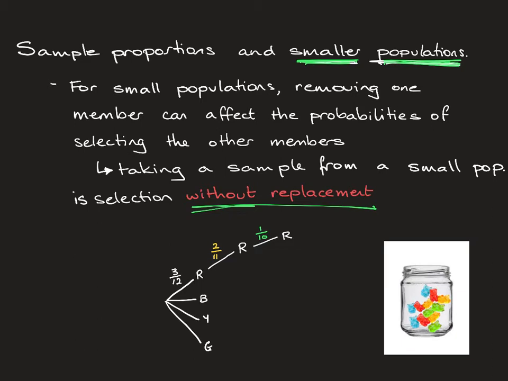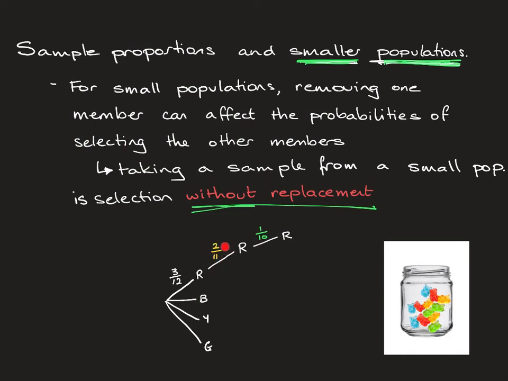So if I was to select 3 lollies, little teddy jellies, from the jar here, and I was looking at the probability of selecting a red jelly, then on my first choice, the chance of picking a red jelly is 3 out of 12. Once I've pulled one of those red jellies out, now we only have 11 jellies left, 2 of which are red.